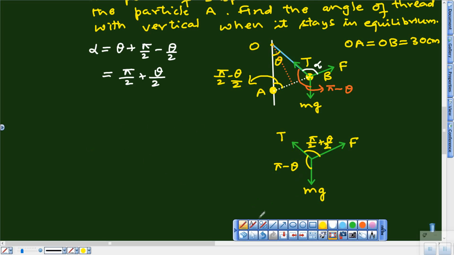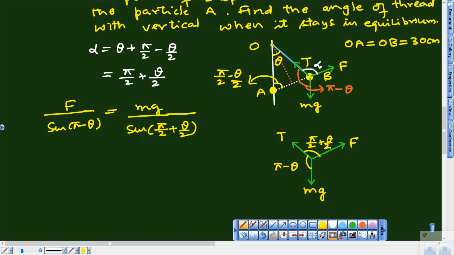So what it will mean is F upon sine(pi minus theta) is equal to mg upon sine(pi by 2 plus theta by 2). Now, this can be written as F upon sine theta is equal to mg upon cos theta by 2.